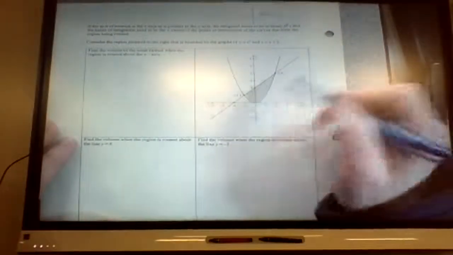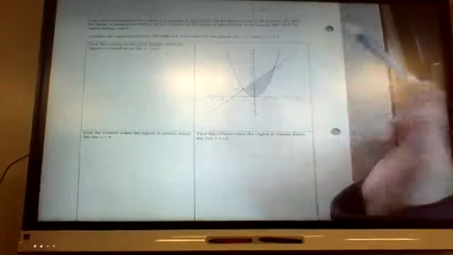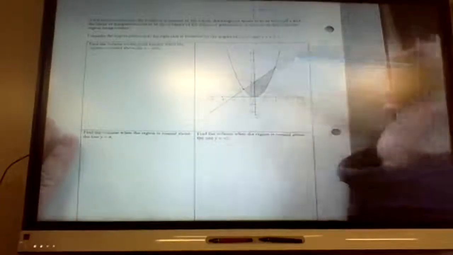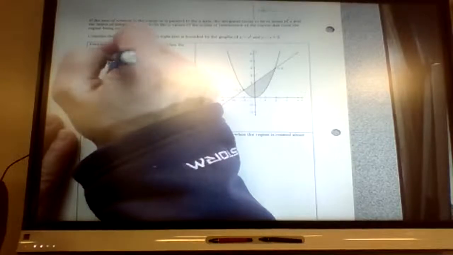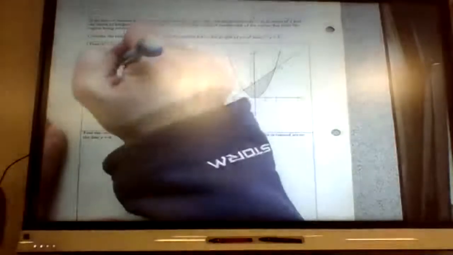So let's look at this. We've got y equals x squared and y equals x plus 2. We want to find the volume of the solid that's formed when we rotate this around the x-axis. Okay, so volume is going to equal pi times the integral from -1 to 2.